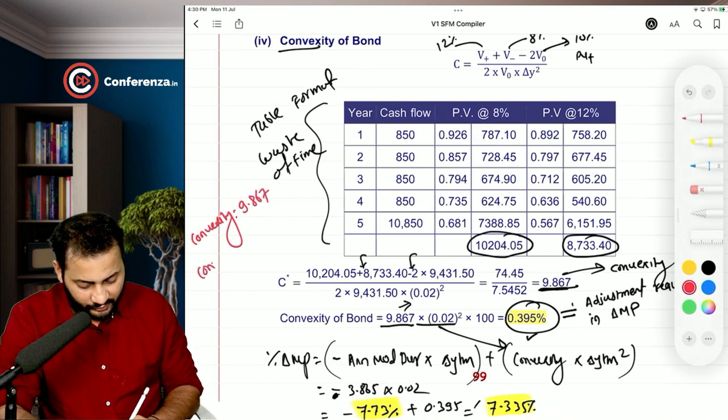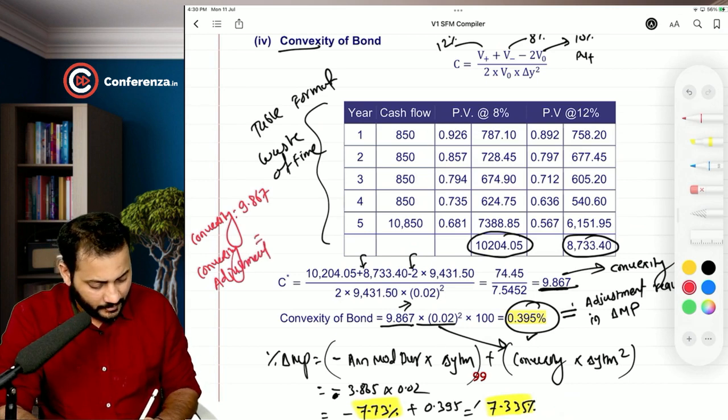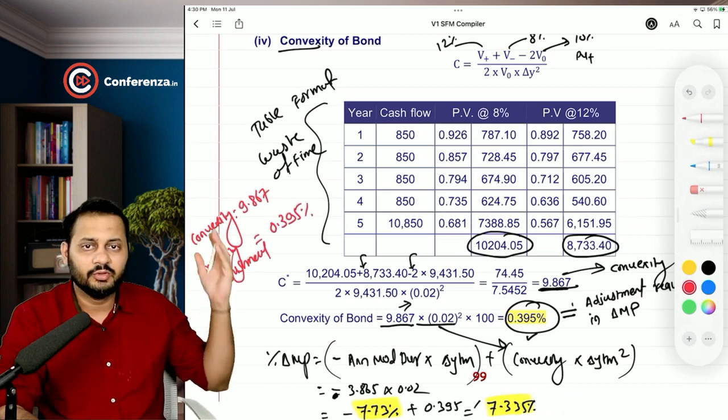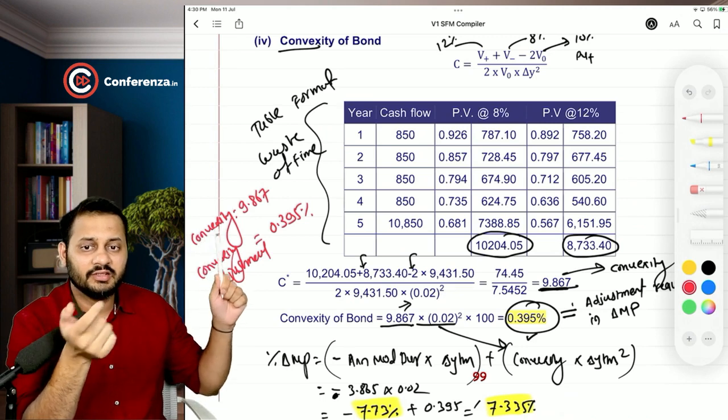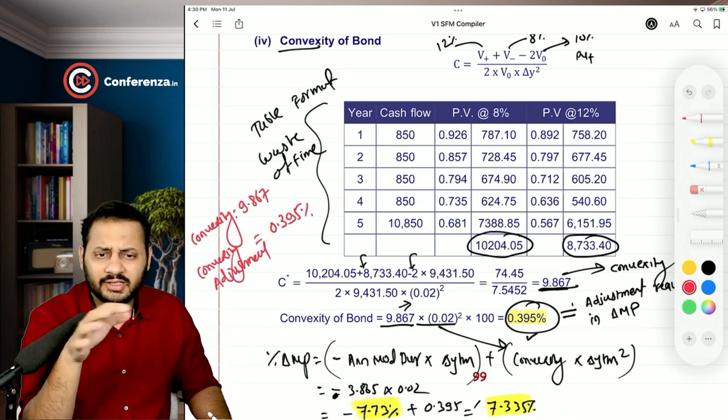9.867. And if you talk about convexity adjustment, it will be 0.395%. So there is a difference in both the figures, but the institute is saying that convexity itself is 0.395%, but that's okay.